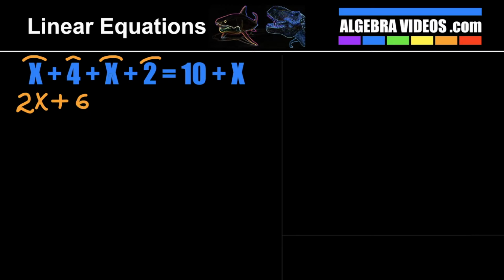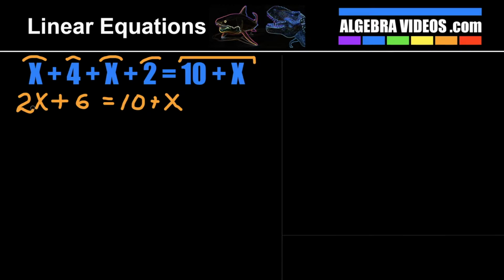So I combine the two x terms into 2x, and then I combine the two numbers 4 and 2 into just 6. And that equals, on the right side of the equation, 10 plus x. And I'm just going to rewrite that without changing anything. That's this right here, the 10 plus x over on the right side.